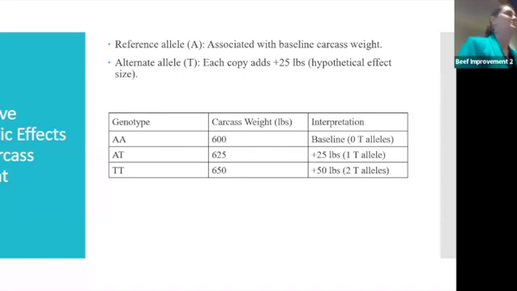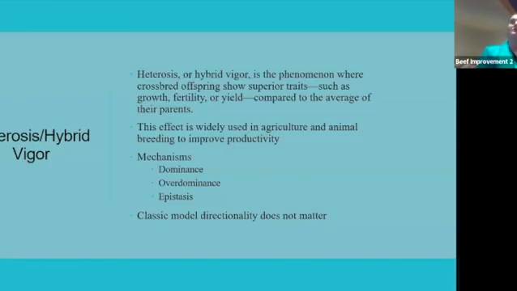Again, it doesn't work this simply in real life. But if we are working in a vacuum, if you have one T allele, it doesn't matter where it came from, you're getting that 25 pounds. But I do want to talk about heterosis because it's another important thing, particularly in the population that I'm talking about. Heterosis helps us tremendously when it comes to crossbreeding.